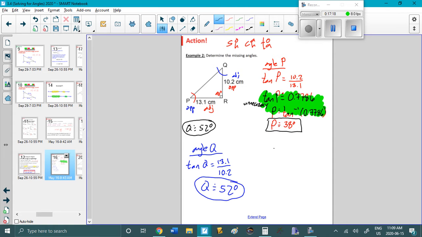So again, for my two-line calculator people, you would type this: second or shift tan bracket 13.1 divided by 10.2, close the bracket, hit equals, and you're going to get your answer right away. So make sure you go through these a couple of times on your calculator until you get them. Because once you can do this, you can do every example from today.